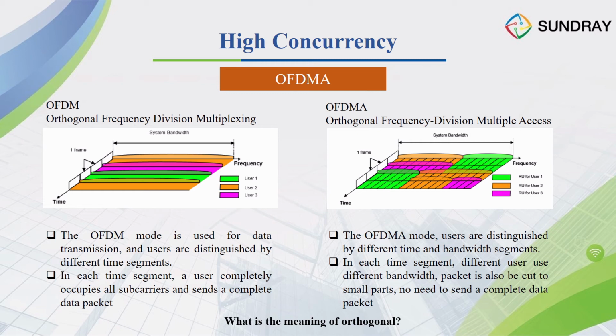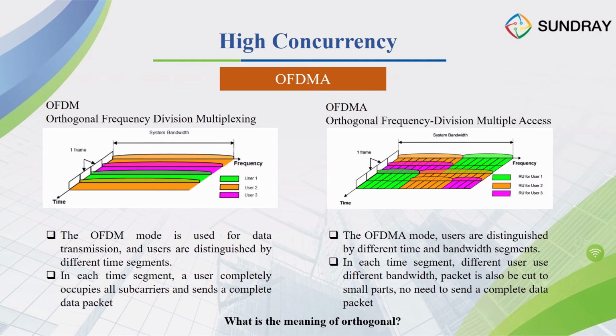So the letter M has a different meaning in the different technologies. For OFDM, each user occupies a specific sub channel at one time. This sub channel cannot be shared with other users. One user, one sub channel frequency, right?